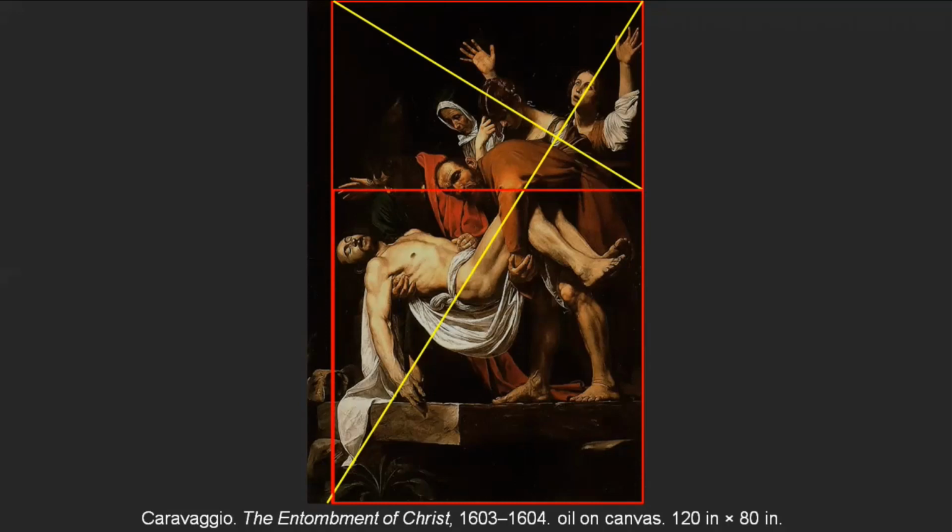This proportional break creates a square in the bottom. It also provides the place of rest along which the heads of the two men carrying Christ rest. The intersection of the diagonal and this first proportional break is where the man in orange's elbow bends as well.